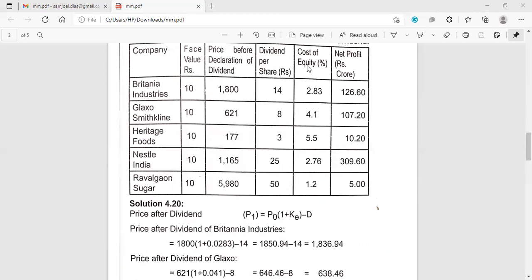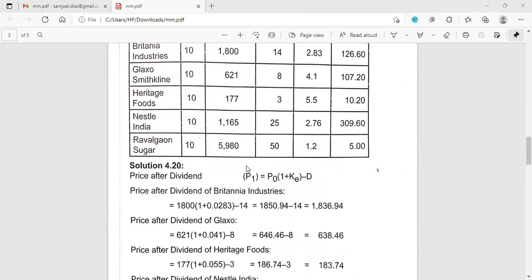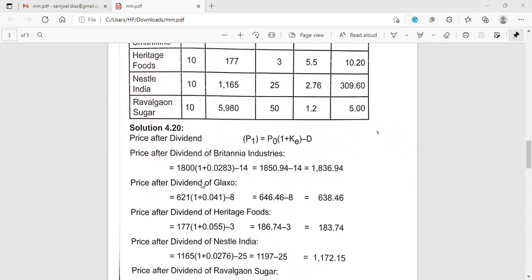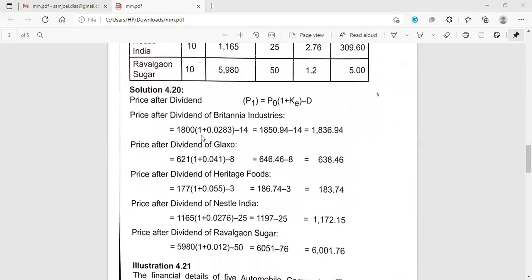Cost of equity KE is 2.83, 4.1, 5.5, 2.76, 1.2. And D, that is dividend per share, would be 14, 8, 3, 25, and 50 for the respective companies. All the information we now have, right? Now just proceed with the solution part.